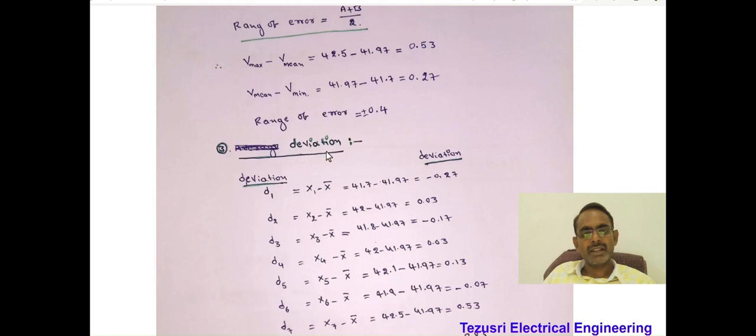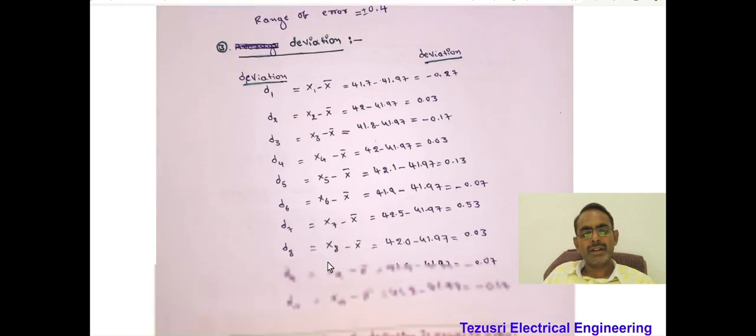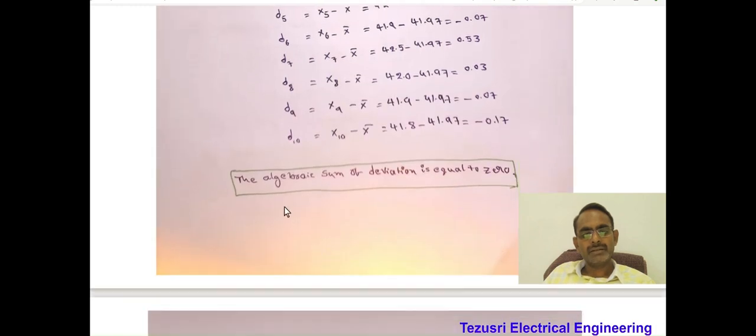Next, deviation. The deviation is calculated for each term. D1 equals x1 minus arithmetic mean. D2 equals x2 minus arithmetic mean. D3, D4, like this. The algebraic sum of deviations is equal to 0.